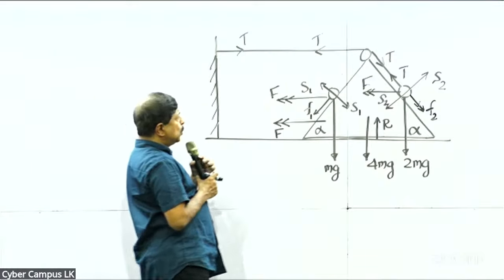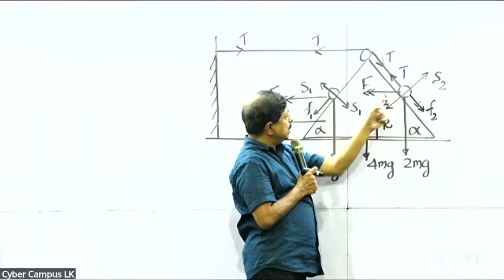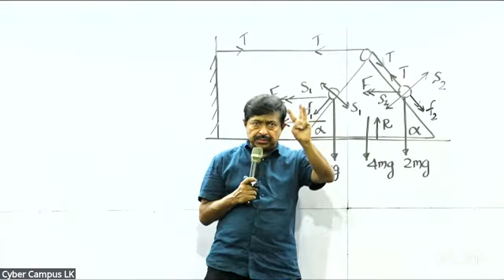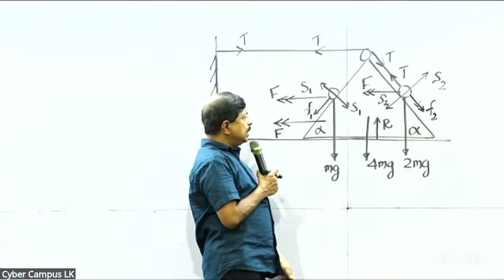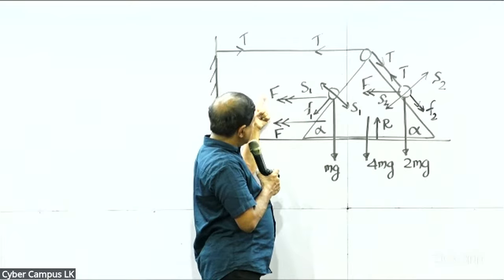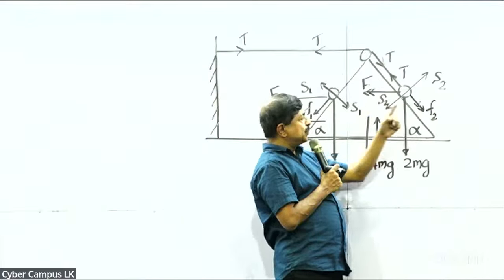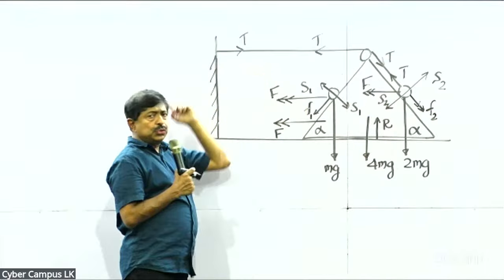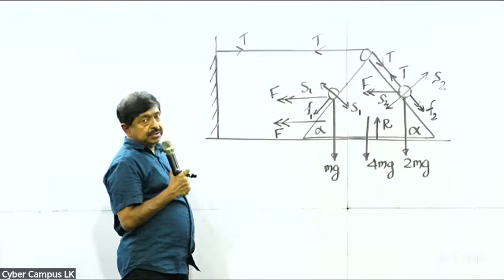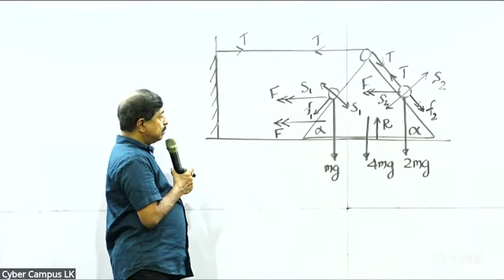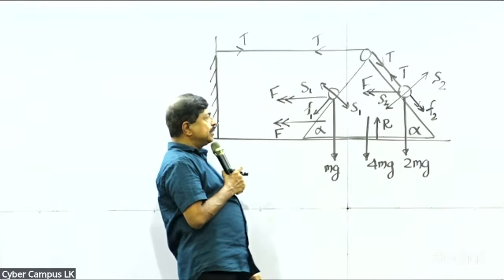Now we'll see how to write the equations. There are three moving objects. Now this is the key: three moving objects. How many accelerations are there? Capital F, small f1, small f2. There are three, but there's one more, that is the tension. So there are four variables and three moving objects.